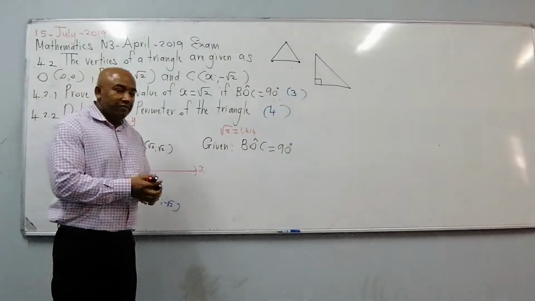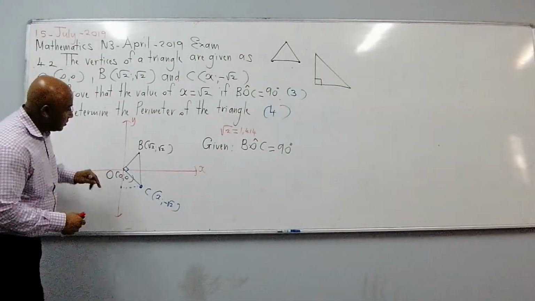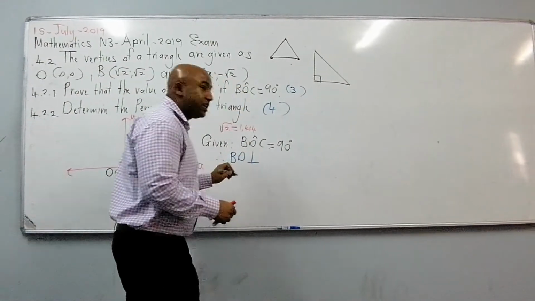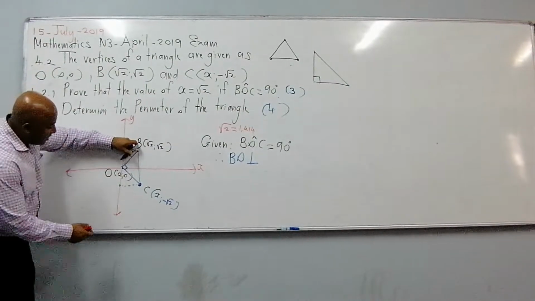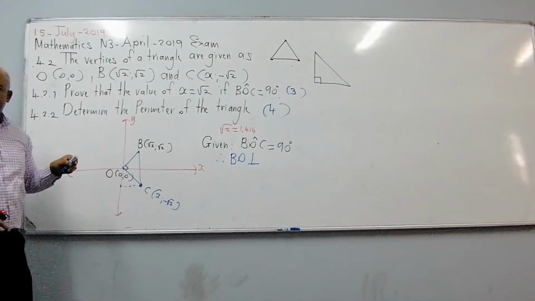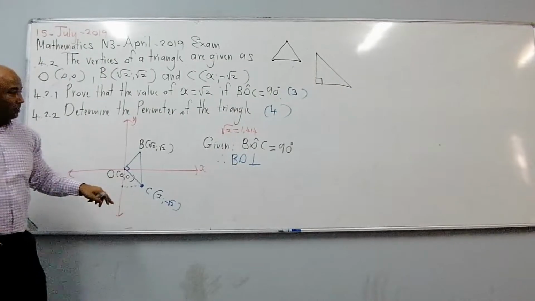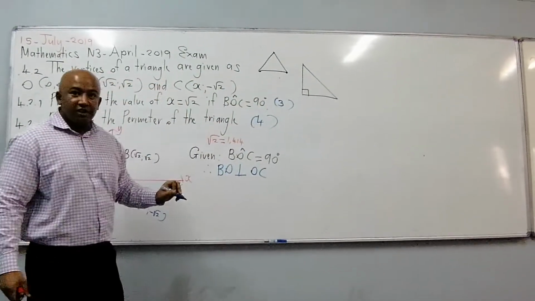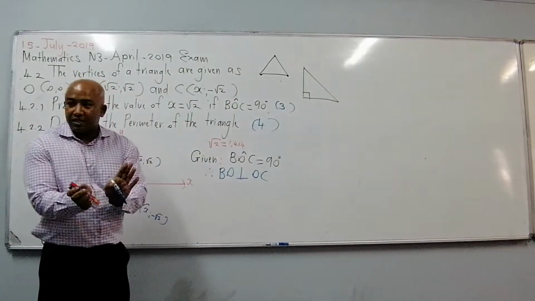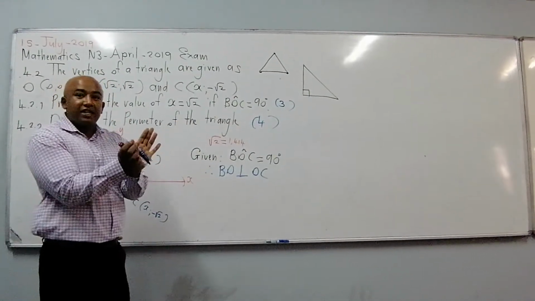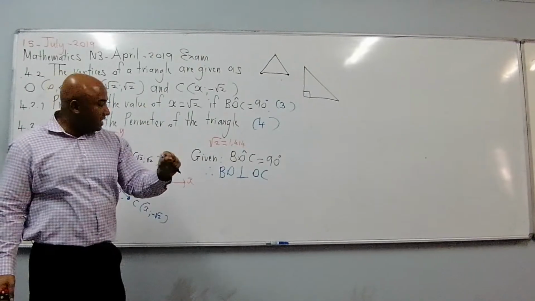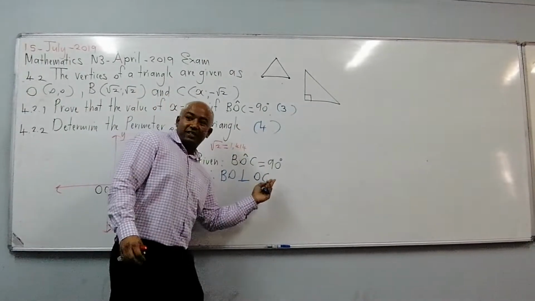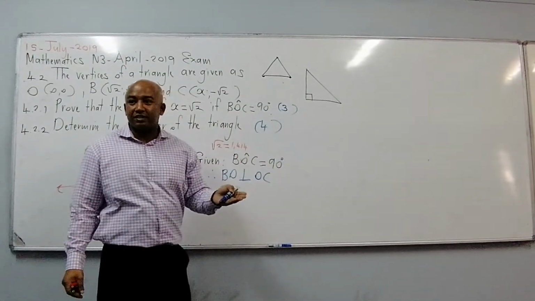So what does that mean? It means BO is perpendicular to OC. Because if BO is perpendicular to OC, that means they intersect at 90 degrees. And if they intersect at 90 degrees, that means the gradient of BO times the gradient of OC is equal to negative 1.